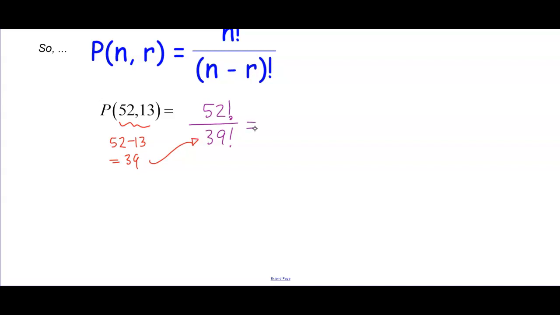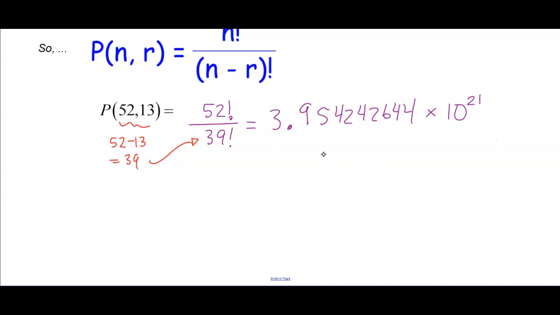Oh my gosh, you get a huge number. Your calculator will give you this answer in scientific notation, because this is a gigantic number. It'll say 3.9542426444. I don't know how many digits your calculator is going to have, but it's going to say something like that, and then it's going to say times 10 to the 21st power. It probably won't actually say times 10 to the 21st power.